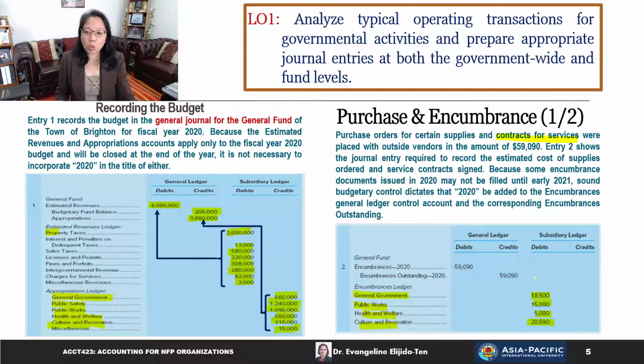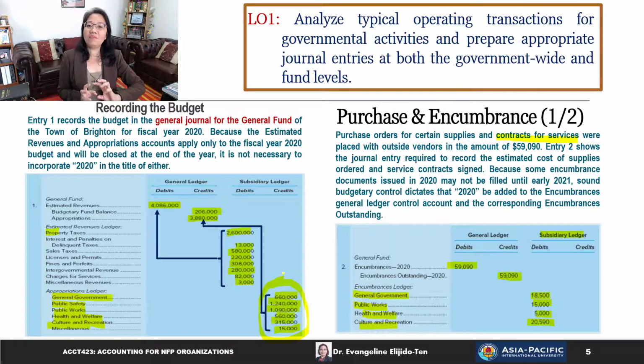So the total of that is the amount that you have encumbered. All these in the subsidiary ledger will be entered on the debit side. As you can see, whenever we are appropriating to these different areas of government services, we are crediting as shown here. So when we are appropriating, we're crediting on the subsidiary ledger.